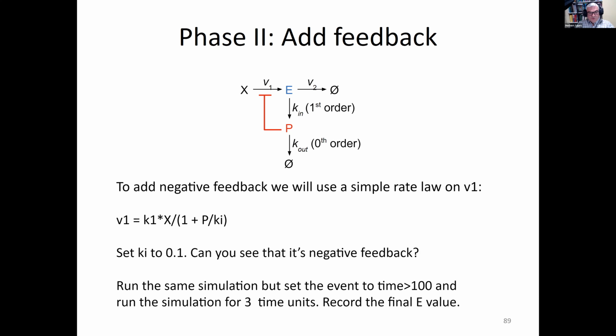And the reason why it's called integral control is because P is considered the integral of E, as in calculus, right? P is essentially integrating what E is doing. So if E returns back to where it was before, essentially P stops integrating.